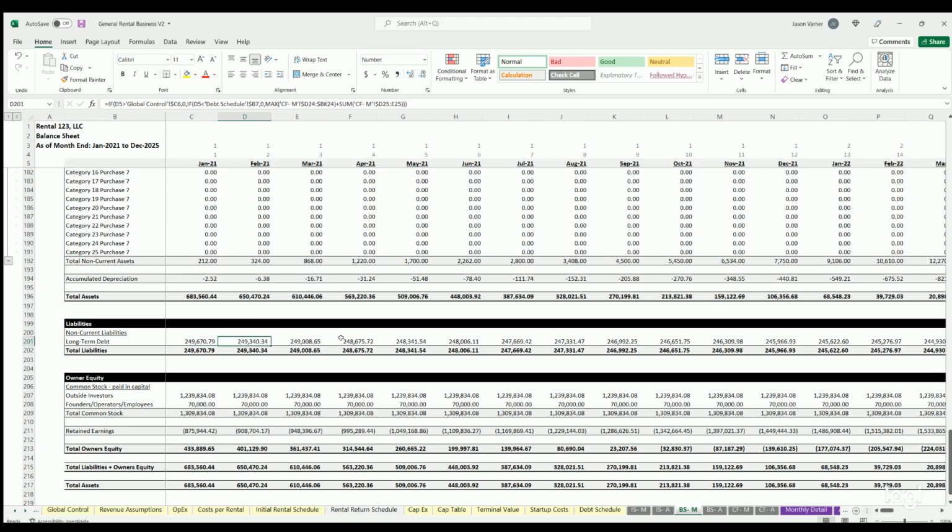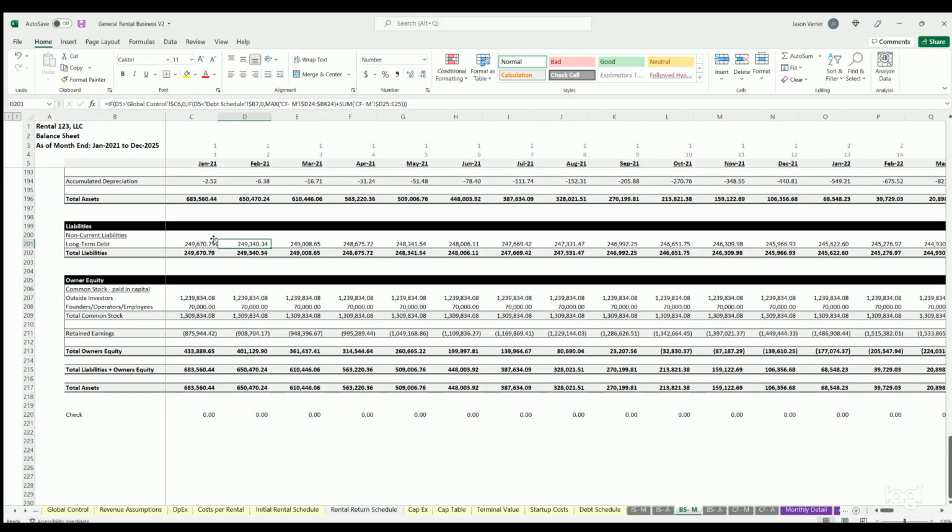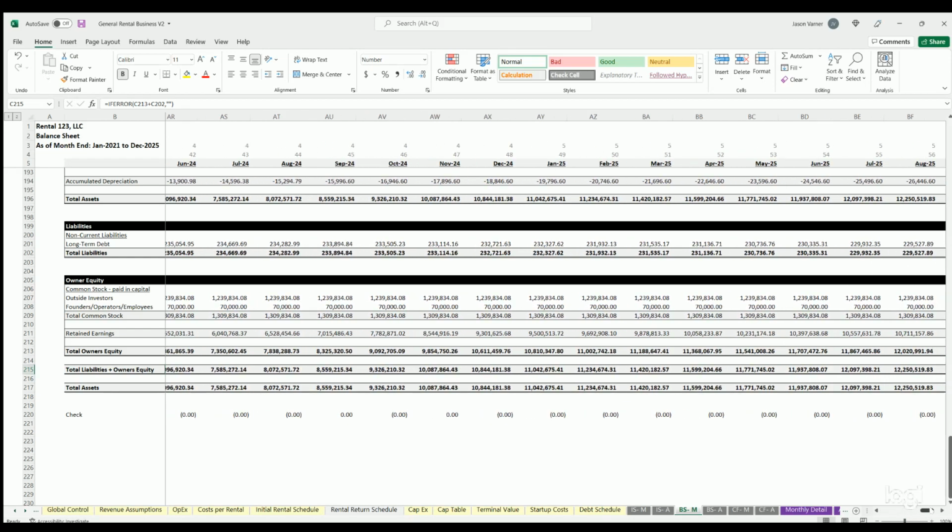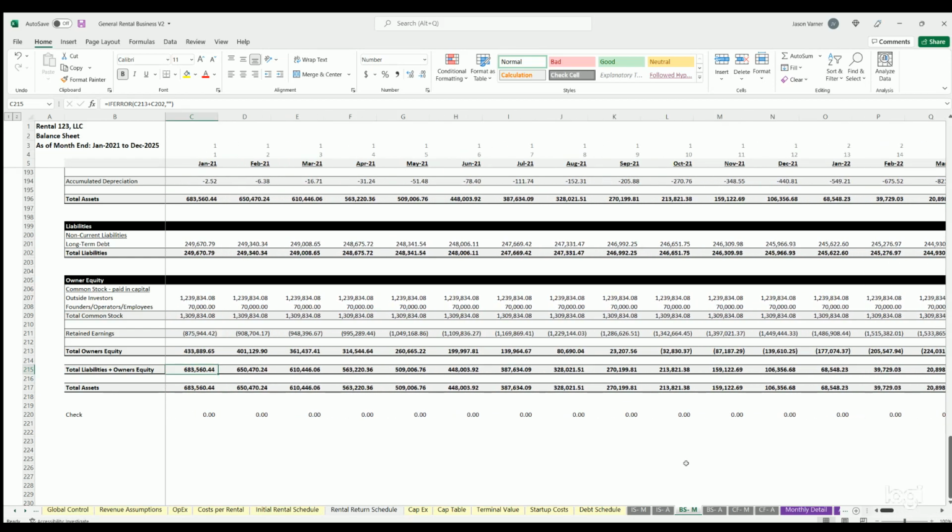Long-term debt for liability, that's the only one that goes in there. And then you've got equity, which is the funds contributed, and essentially just the retained earnings, and that'll give you total owner's equity. And we've got the accounting equation, assets will always equal liabilities plus owner's equity, so you've got your check there all the way through, and that should always be 0.